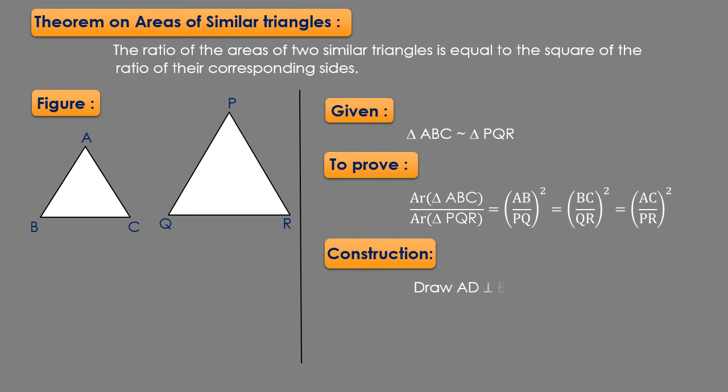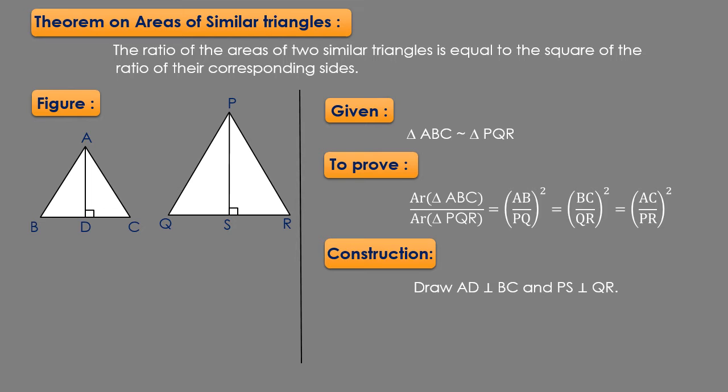So we will draw AD perpendicular to BC in triangle ABC and PS perpendicular to QR in triangle PQR. So let us construct this. We will construct AD perpendicular to BC and PS perpendicular to QR. So this is the construction.